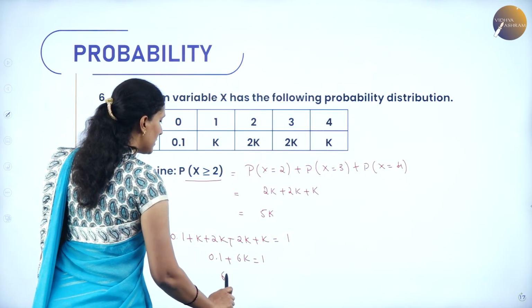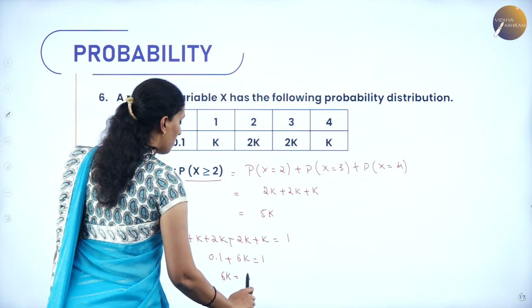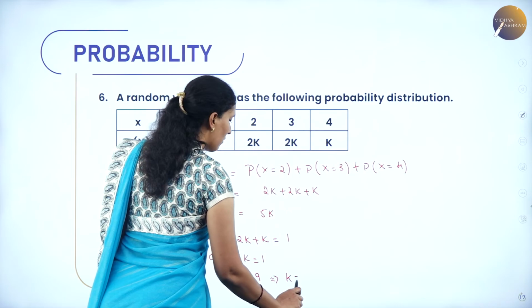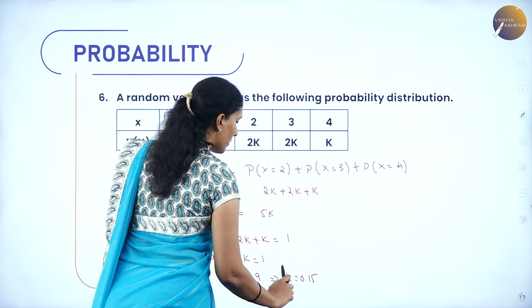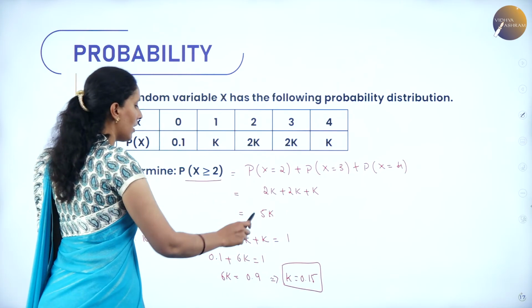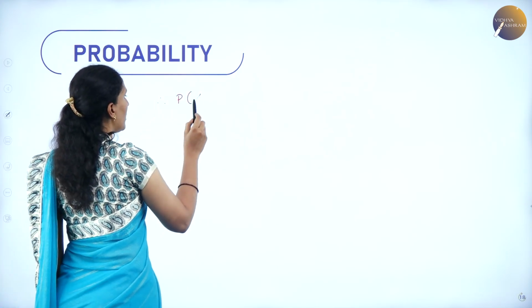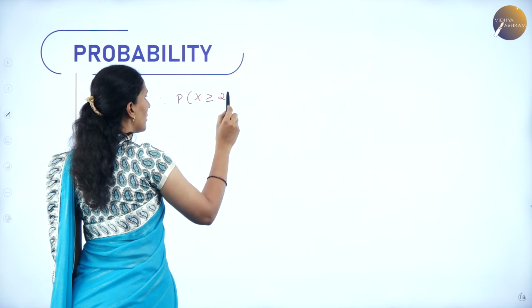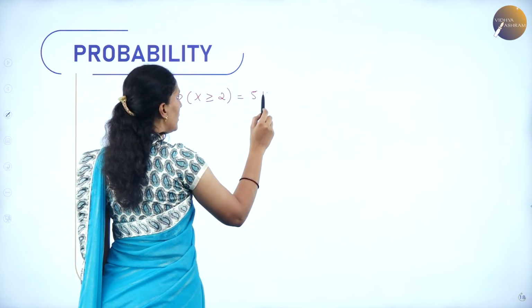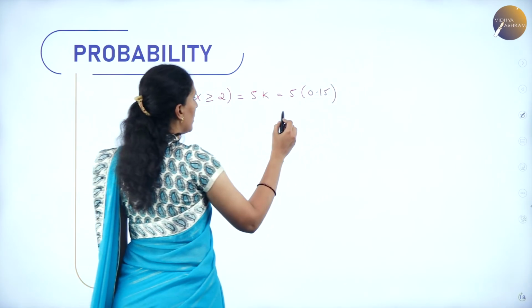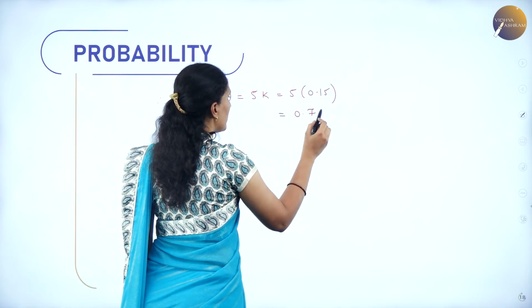Here we get 6K is equal to 0.9. When you divide by 6, K is equal to 0.15. Now substitute here. Therefore, the probability for X greater than or equal to 2 is 5 into K, which is 5 into 0.15, which is equal to 0.75.